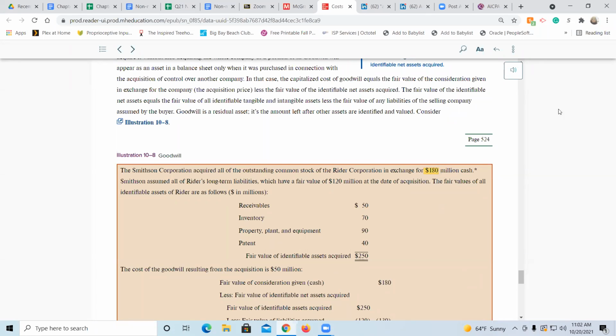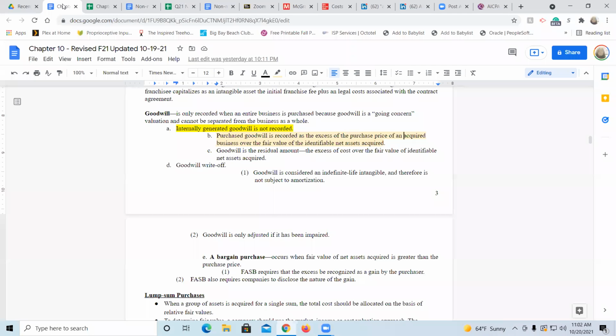You don't have to calculate that, obviously, for our purposes. This is the type of number you would calculate if you become a finance major. You would do what we call a discounted cash flows or earnings multiple or something to come up with some type of valuation of the company. Okay, so that's another example of how goodwill is calculated.